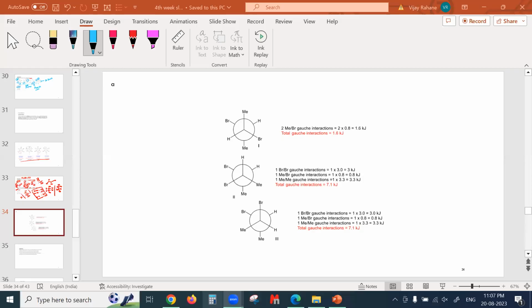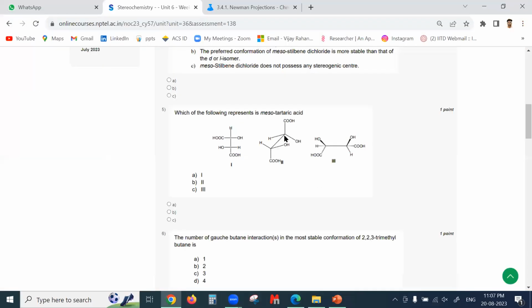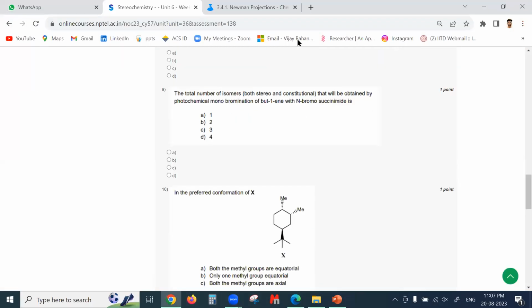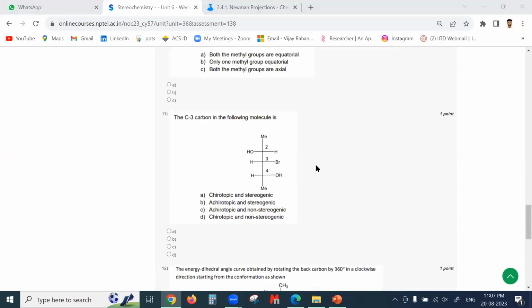All right, I will just share the screen. Assignment 4. All right, here it is, question number 12. What is question number 12?